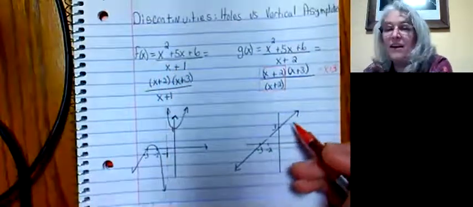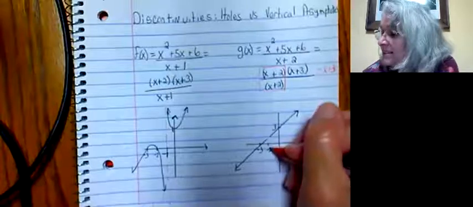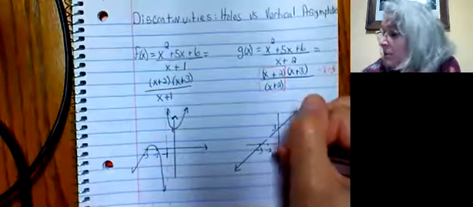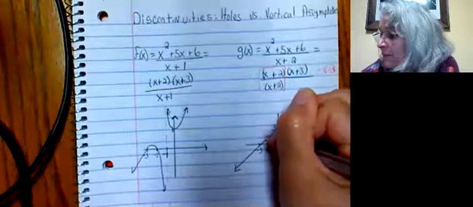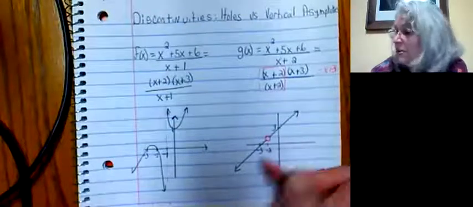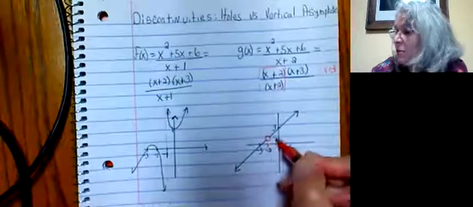And this line actually will not exist at x = -2. And what's going to occur there is a hole, just a big hole. That's how you would graph it. Just this line, all of a sudden there's a hole, and then there you go.